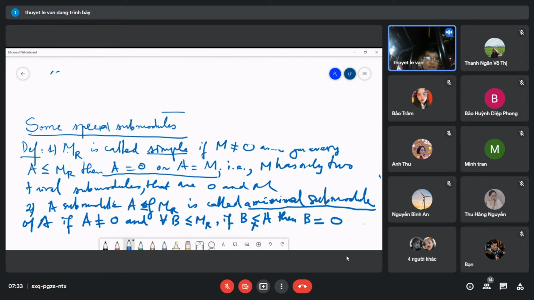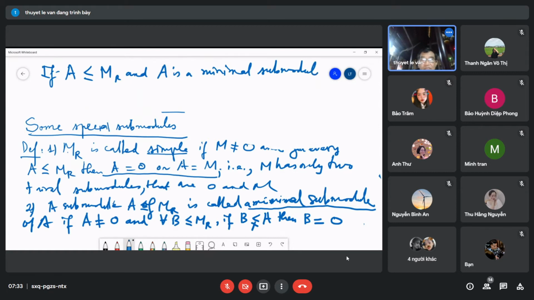So when we compare, we can say that if A is a submodule of M and A is a minimal submodule of M, then A_R, now we consider A as a module, is simple.